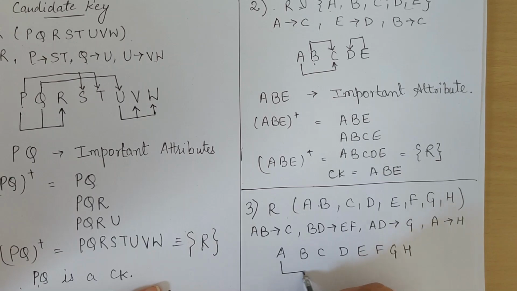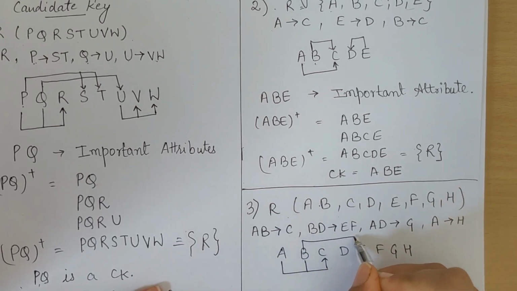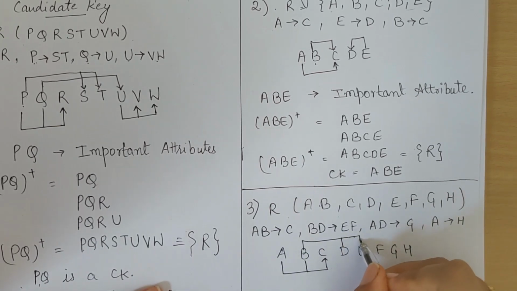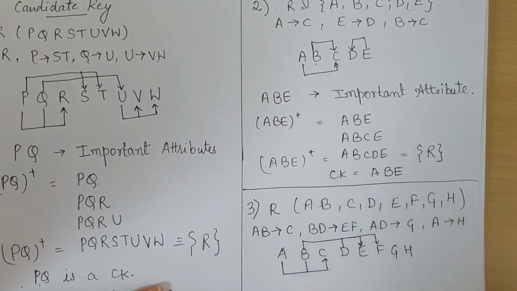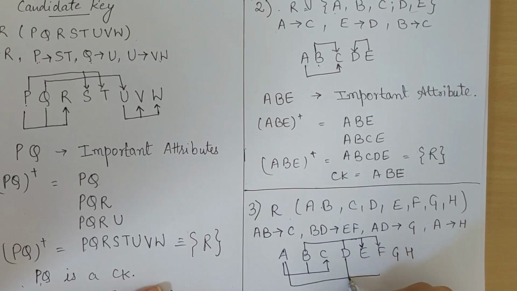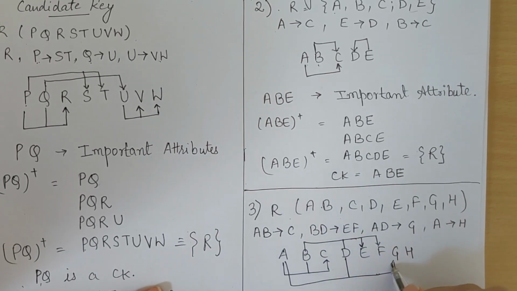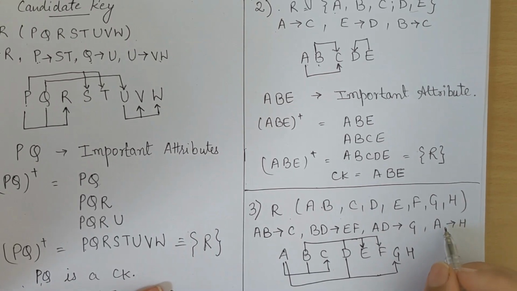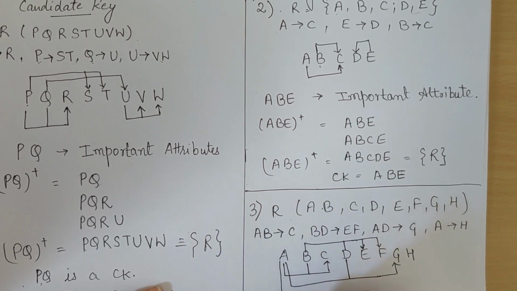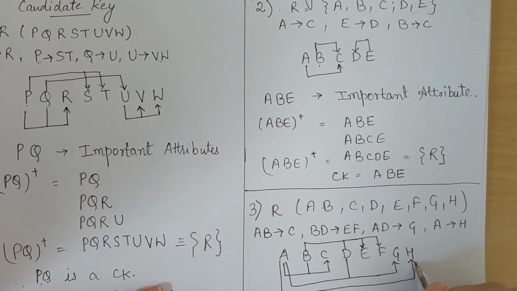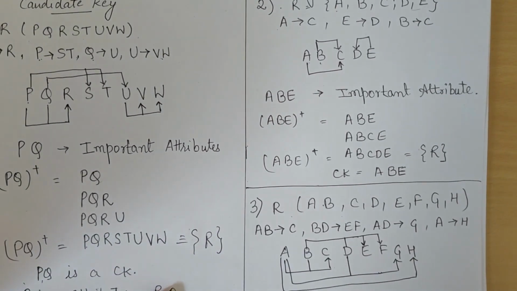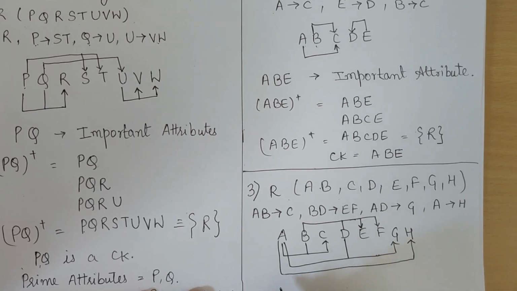AB together is giving direction to C. B and D are giving directions to E and F. A and D are giving directions to G. A alone is giving direction to H. Now find which elements are not having any incoming direction, since these are the important attributes.